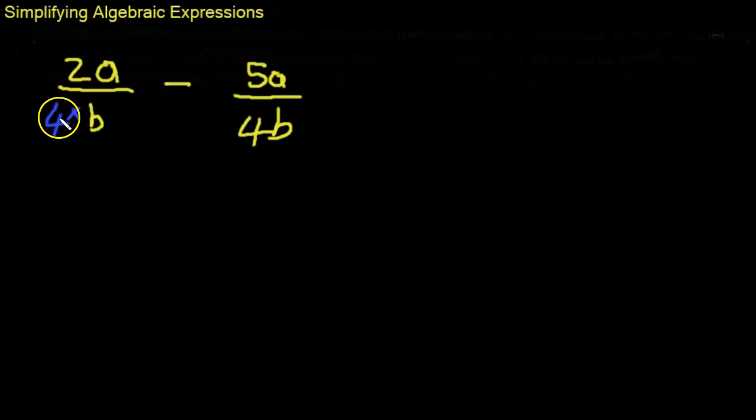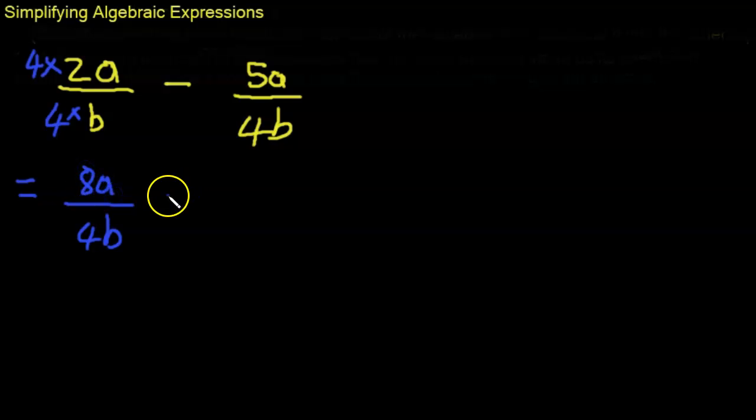But because we multiply the denominator by 4, we also need to do the same to the numerator for the fraction to remain equivalent. So now this denominator is 4b. And 4 times 2a, that's 8a. This one we need not trouble, it's 4b and 5a.